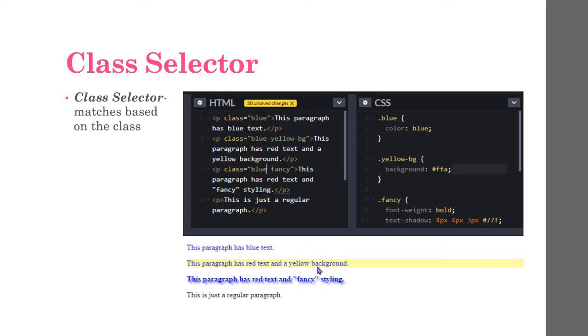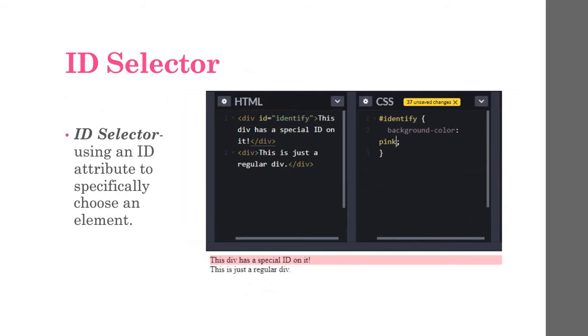That's why our text has blue color and the background is yellow. And for the third we have fancy, so this style was applied to this third paragraph. And on the last, because it doesn't have any class names, that's why it has the default style.